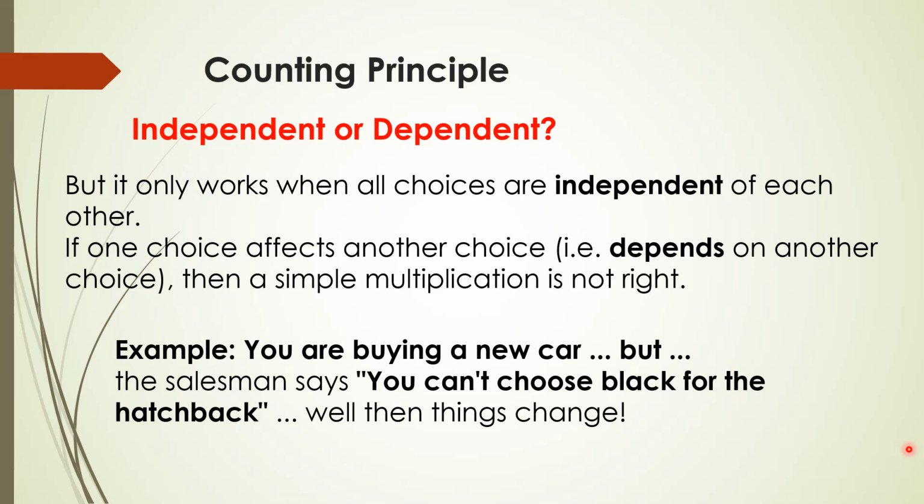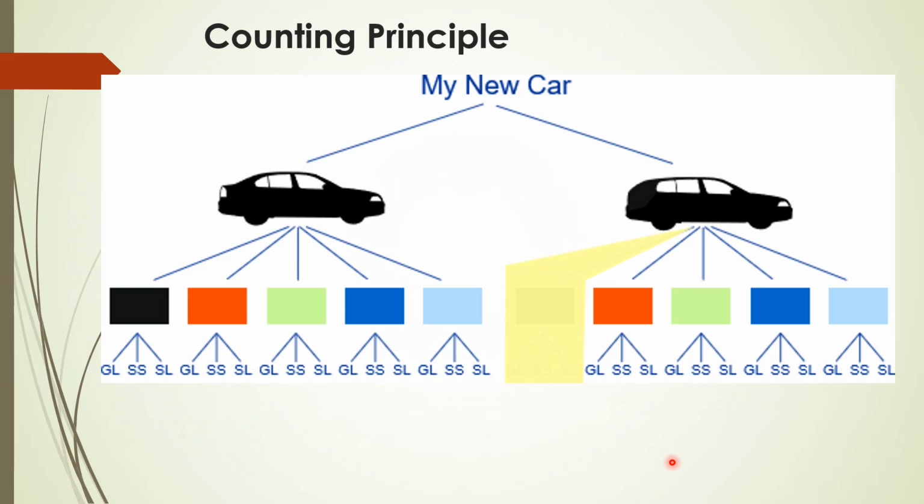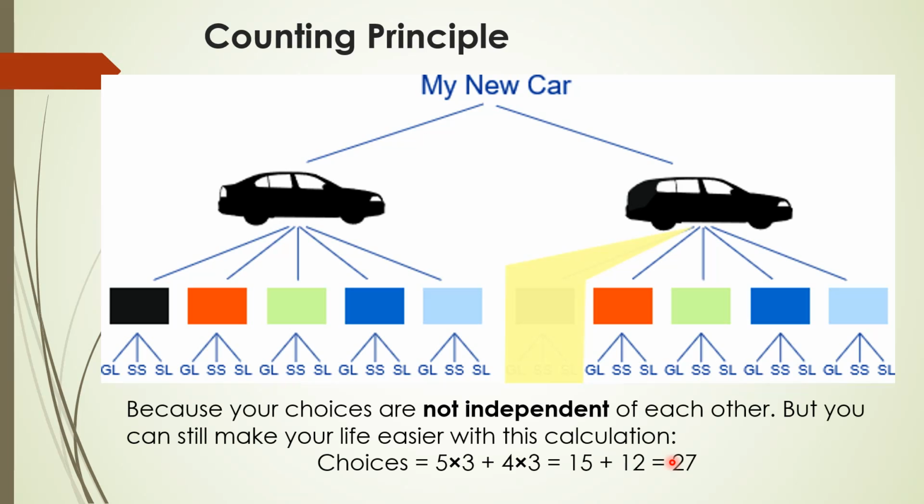You are buying a new car, but the salesman says you can't choose black for the hatchback. Well, now things are changing. The black is removed from the hatchback. So you can see immediately the sample space has become smaller. Because your choices are not independent of each other, but you can still make your life easier with this calculation.